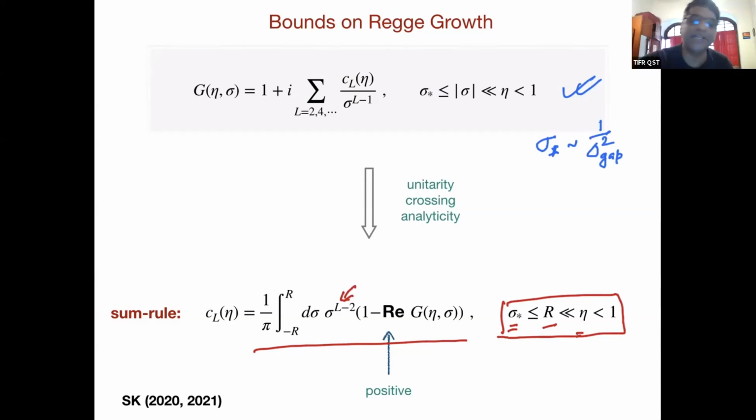Suppose I took just some general CFT, like Wilson-Fisher theory, not something with a bulk theory. In that case, what would sigma star be? Would it be different from 0 or 1? No, it's actually very difficult to say, because my definition of sigma star is built into this Regge expansion. This kind of Regge expansion is not valid in general.